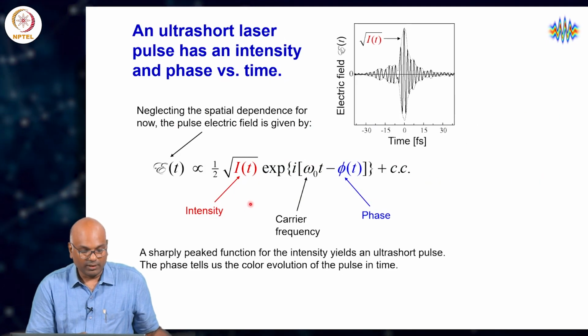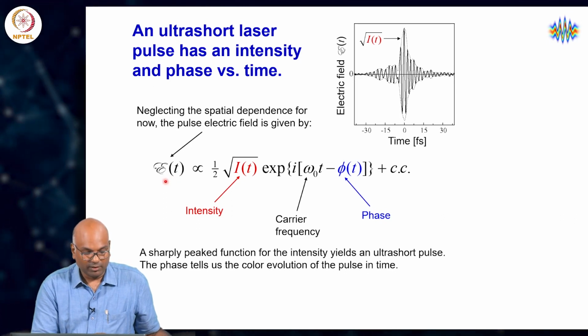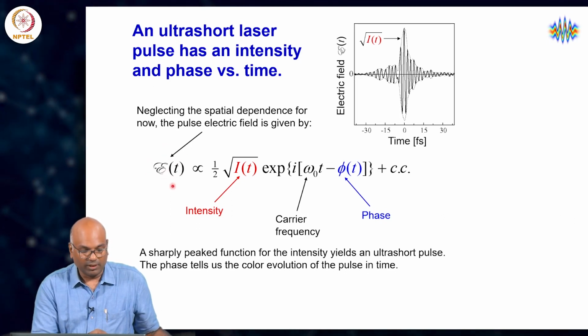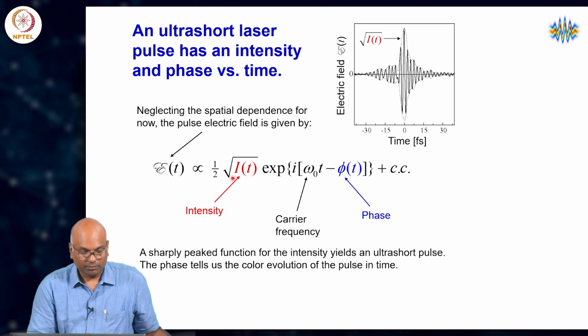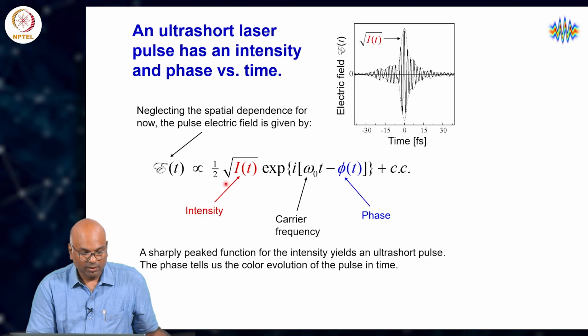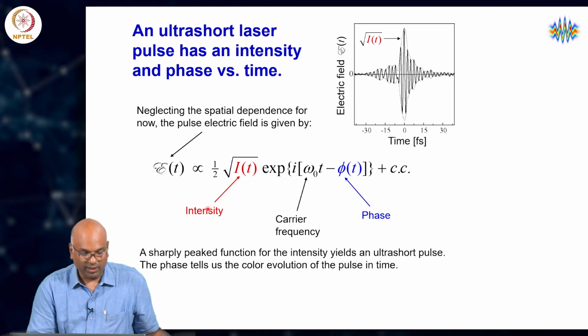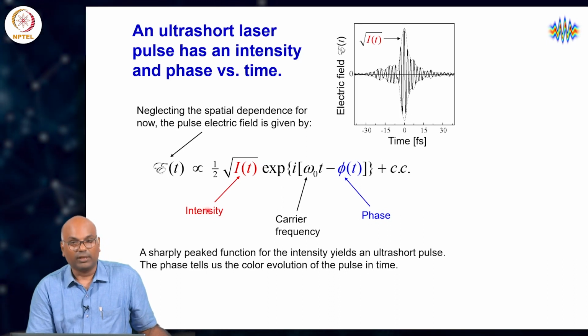We looked at this in the time domain, where the complete electric field describing the pulse, which is a real function of time at a given point in space, is described by the envelope of the pulse, which is the square root of I of t, where I is what we call the intensity function.